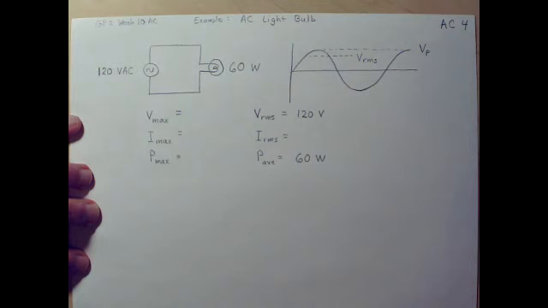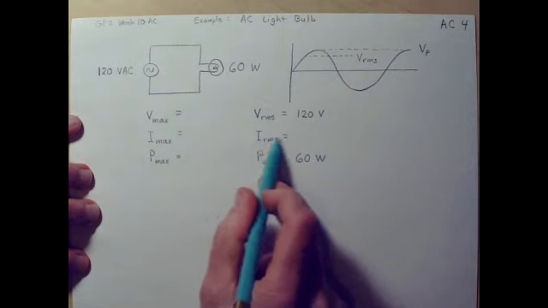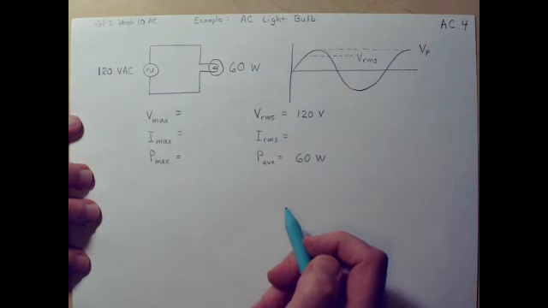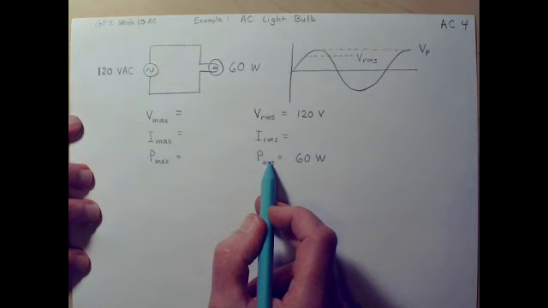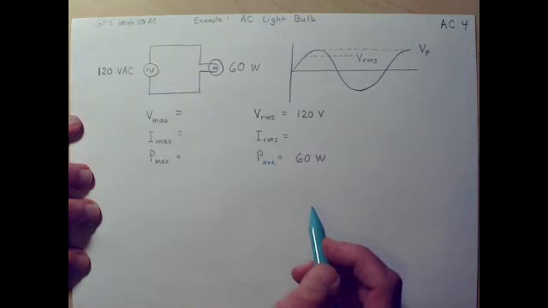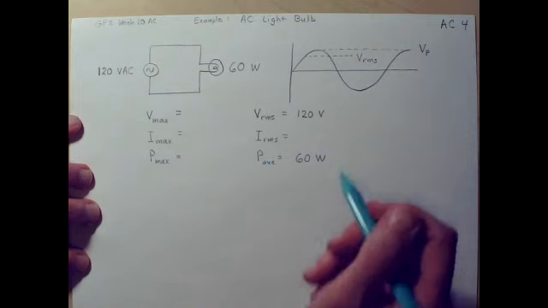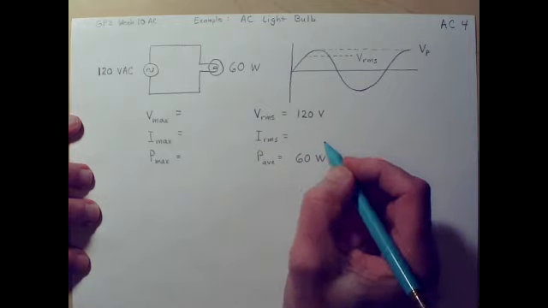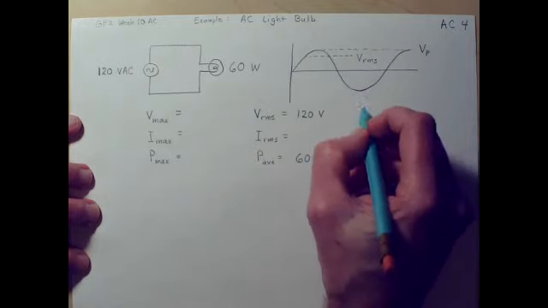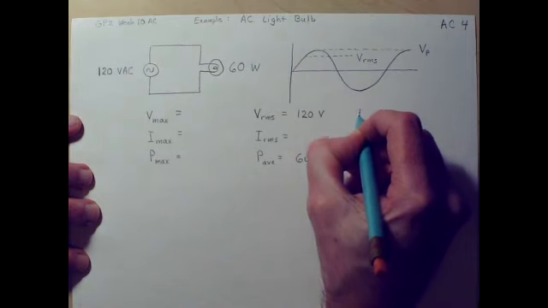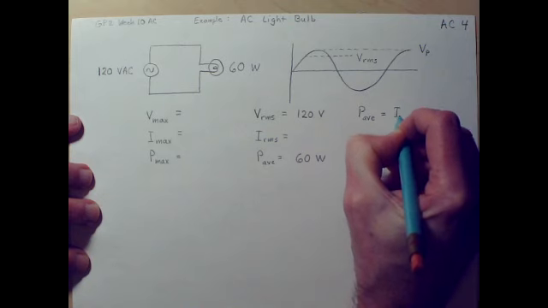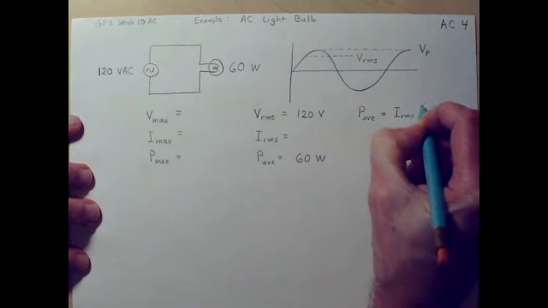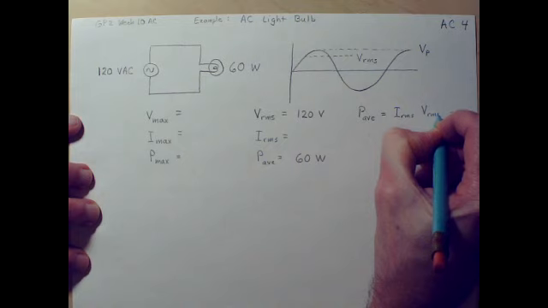Now, what can we calculate from this? What can we figure out? Well, let's start by seeing if we can figure out IRMS. And maybe you can remember a relationship. Power normally is current times voltage. But what about in this RMS world? Well, it still works. That is the trick. Using RMS, the same formulas work. So we can just say that the average power equals IRMS times VRMS.